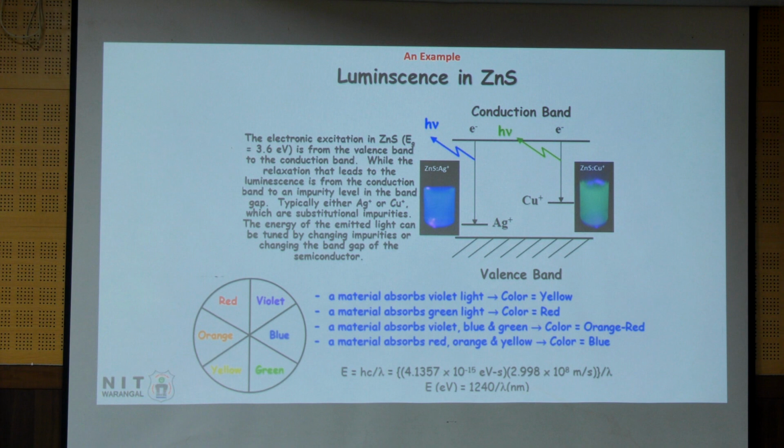Here it is 3.6 electron volt, and silicon it is 1.1 electron volt. So what colors can you bring? You cannot, because 1.1 is so small. Even if you dope something, at 1.1 itself we cannot see. It should be 2.4 or 2 electron volt, then only our eye is able to see.